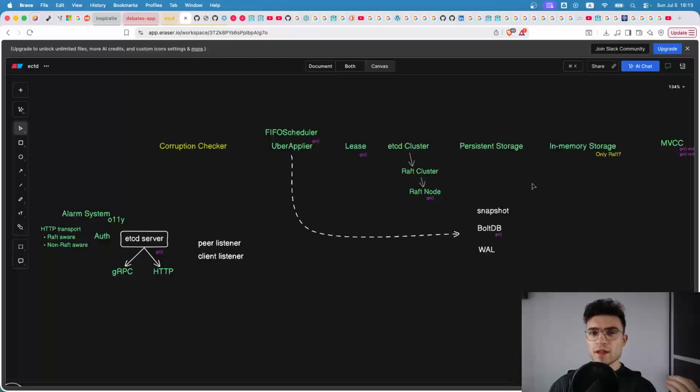But now it's kind of hard for me to tell how all of these fit together. I know that they fit together at some point, but I cannot tell you exactly, for instance, what happens whenever a new request comes to the HCD cluster. I don't know exactly how to describe the flow, how each part plays its role in fulfilling the request. I think this is the next step towards a better understanding.